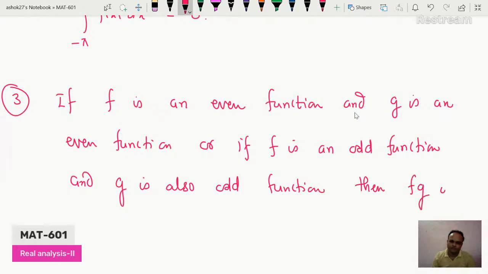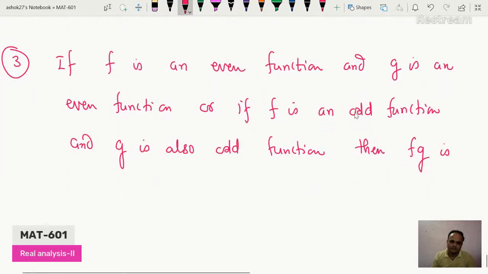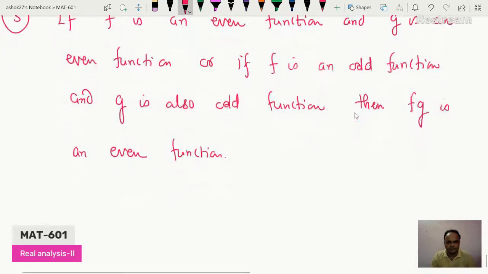Then f into g is an even function. That is, odd into odd is even, and even into even is again even. So that is the third remark.